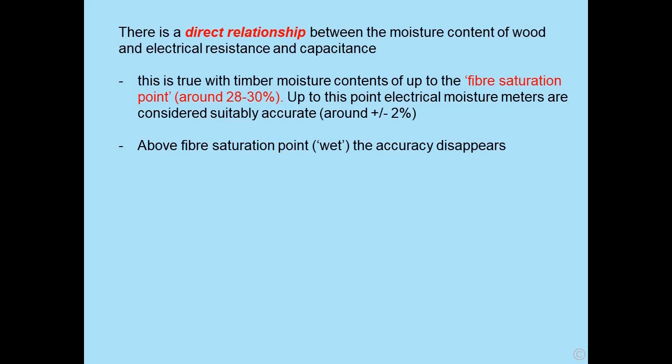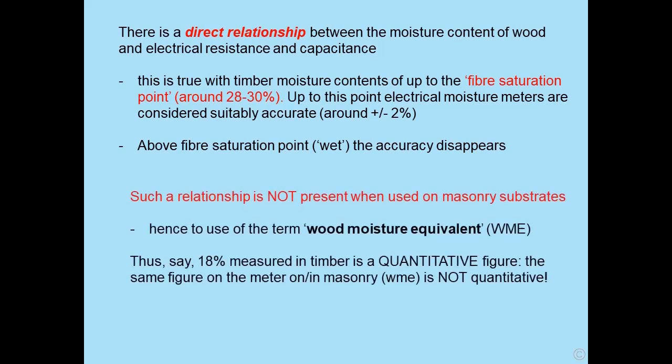Remember that above the fibre saturation point, the wood is starting to become wet and the lumen of the cells is starting to fill with water. It must also be appreciated that using a moisture meter, there is no such relationship when used on masonry substrates.